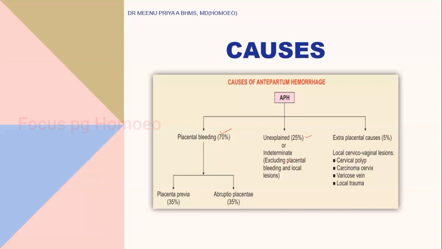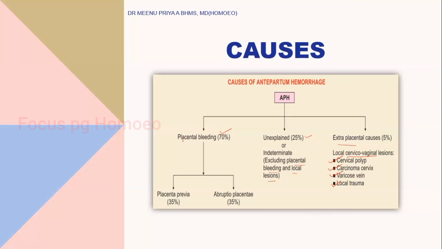That means the cause is not known, excluding placental bleeding and local lesions. And 5% is extra-placental causes, usually related to the low cervix and vagina. So local cervicovaginal lesions: cervical polyp, carcinoma cervix, varicose veins, and local trauma. So this is the broad classification of causes of antepartum hemorrhage.